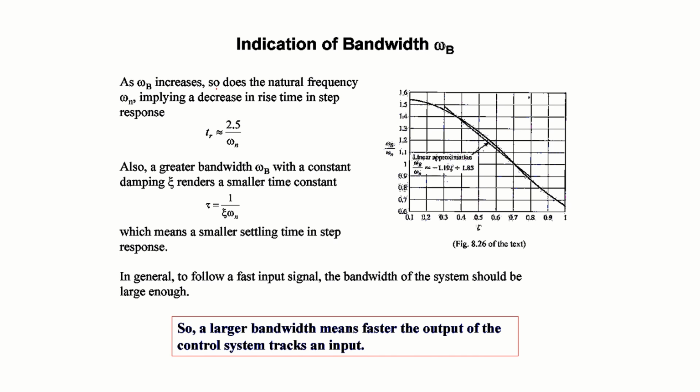As bandwidth increases, so does the natural frequency omega n, implying a decrease in rise time in the step response. Correct? Faster to rise, right? This is what I think I explained to you.